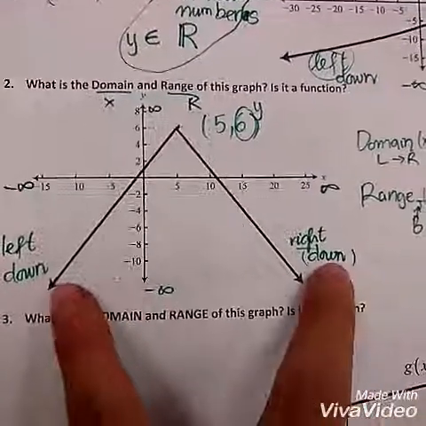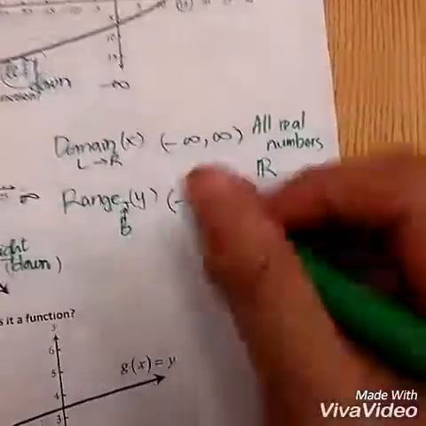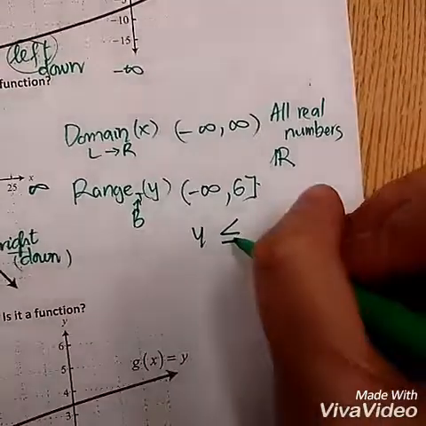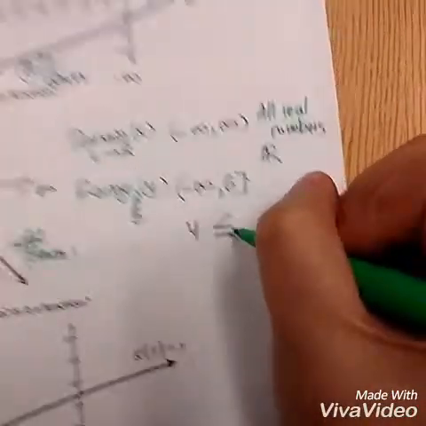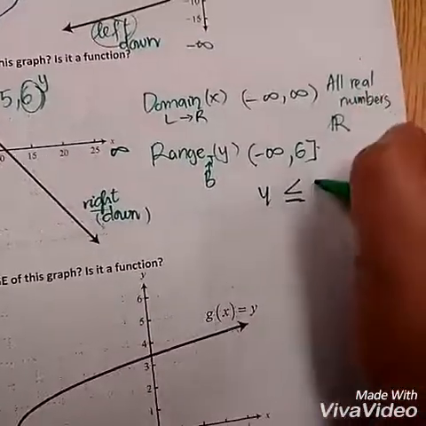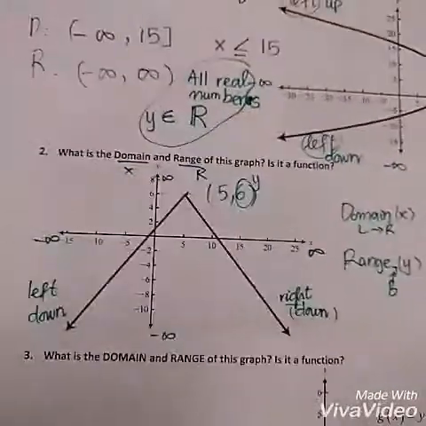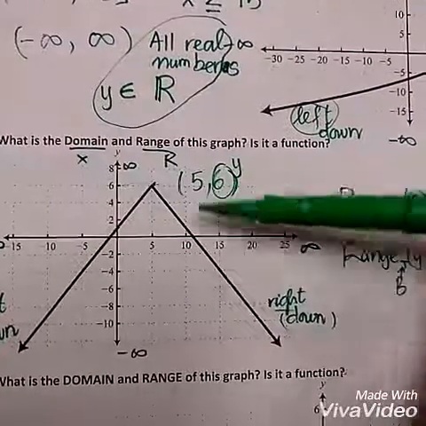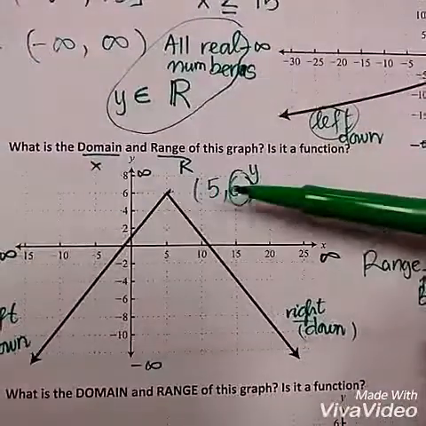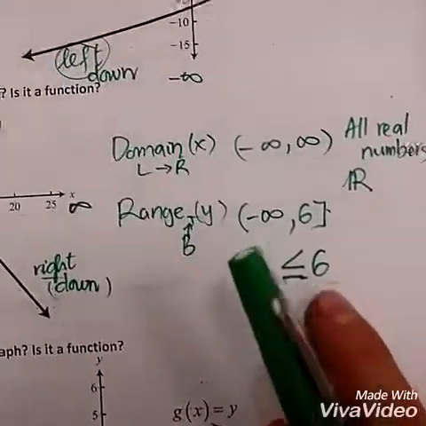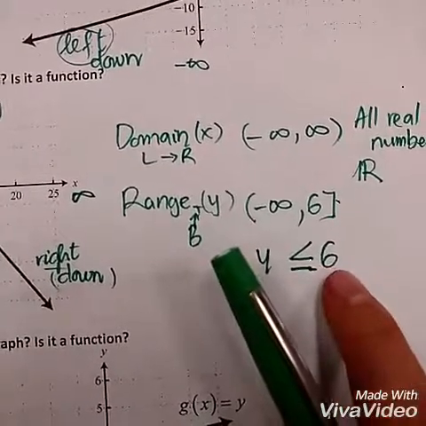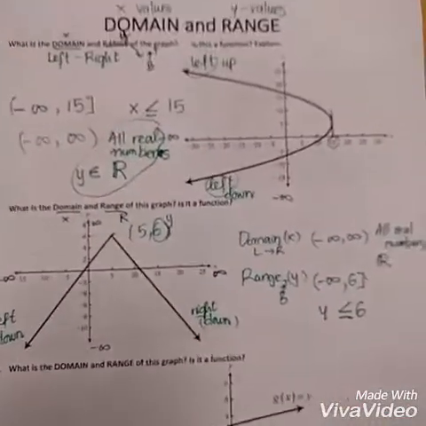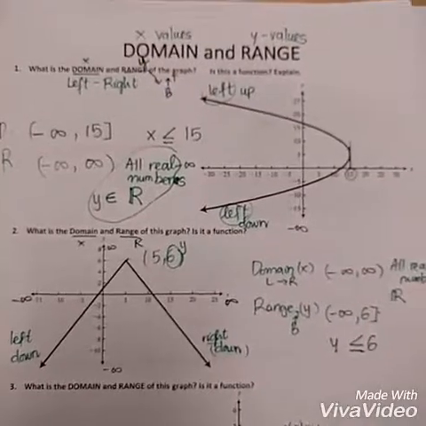Both of them are pointing down, so your y is going to be less than or equal to the value right here, which is 6. Makes sense, right? We go all the way down, your highest y value is 6. So take all the numbers that are less than 6 in the negative direction. Those two examples are for domain and range.